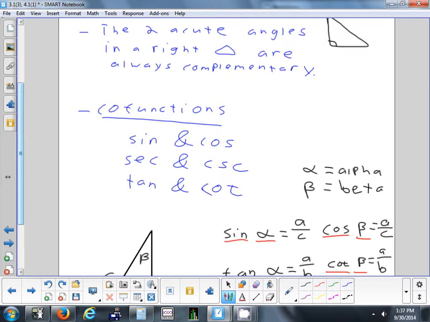Sine and cosine, that's one pair of cofunctions. Tangent and cotangent, that's another pair. And then there's this pair, which is the one I'm asking about. So CSC, how do you pronounce CSC? Cosecant. Okay, cosecant.